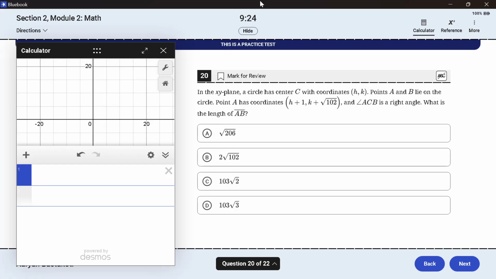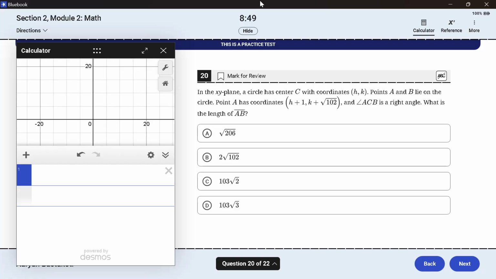and the length is similar, what we need is, okay, the distance from h, k to the point A would be the radius, which will be root of 1 plus root 102 whole squared, that is 102 plus 1, which is 103.